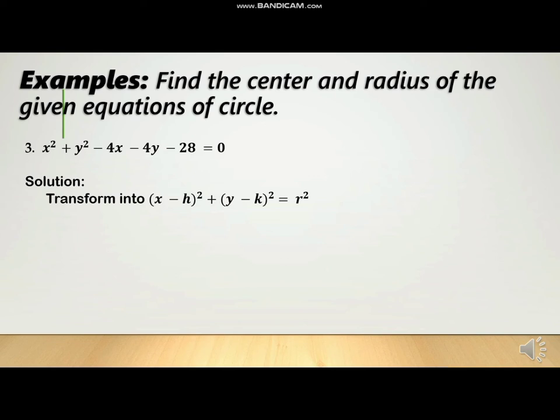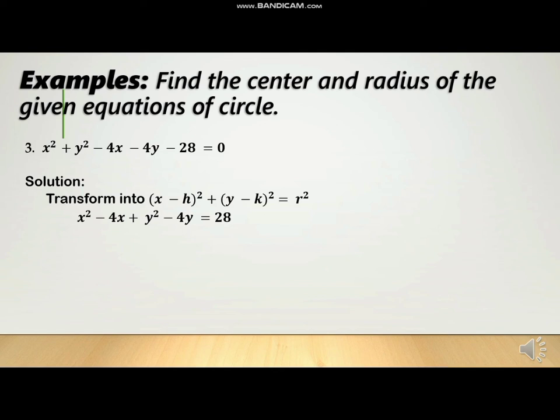So, paano yun gagawin? So, una nyong gawin, pagsamahin nyo yung dalawang x at yung dalawang y. So, nilipat ko lang ng pwesto. Kaya, naging x squared minus 4x plus y squared minus 4y. At yung minus 28, trinanspose ko, kaya naging equals 28.